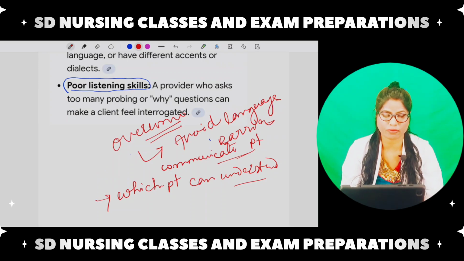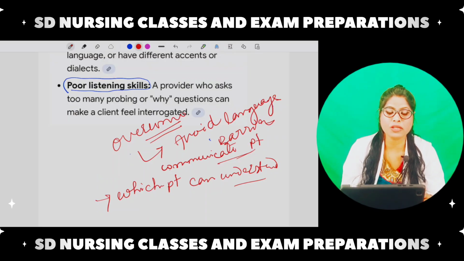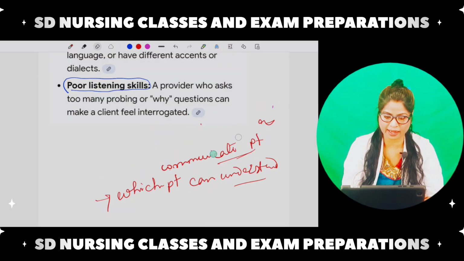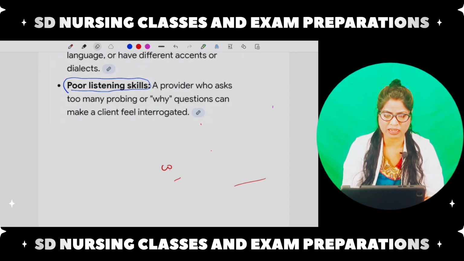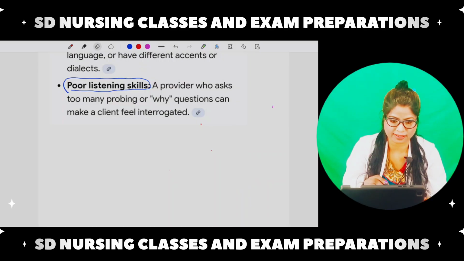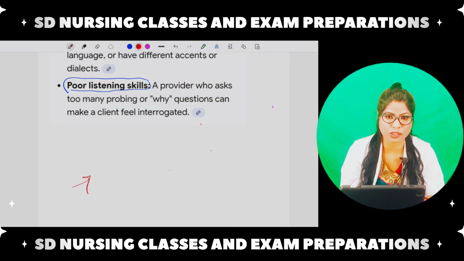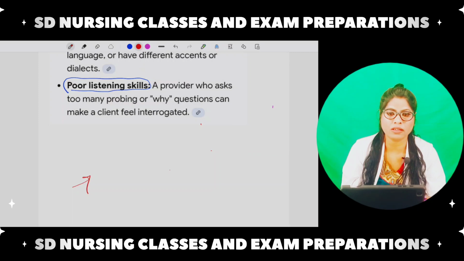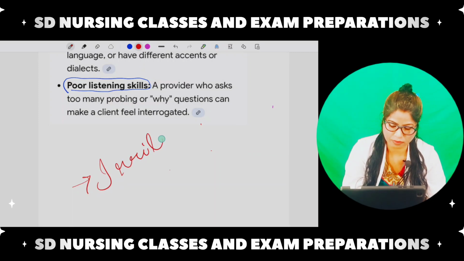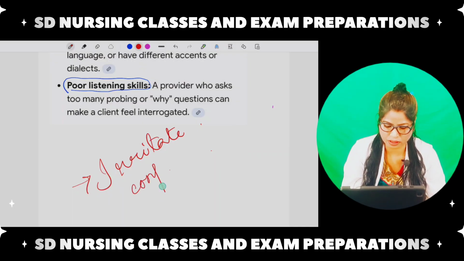Poor listening skill is, yes, if we ask so many questions to the patient, again and again we are asking many questions and we are trying to probe or interrogate his life by asking many questions and making the patient irritated. So this will be a poor listening skill, because the patient will be confused and irritated.